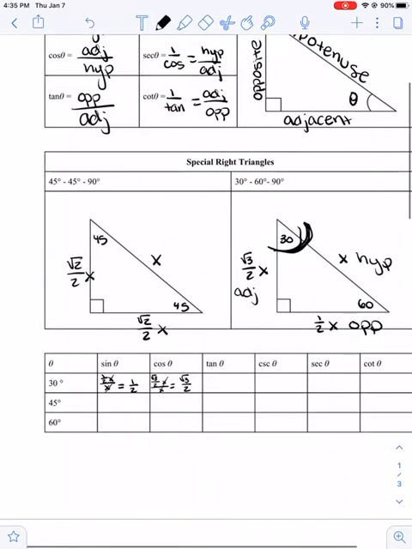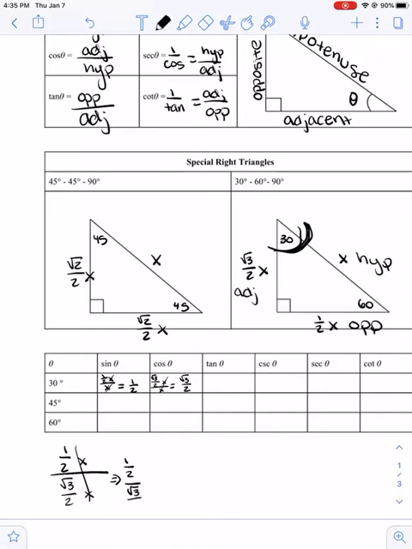All right, tangent is the opposite over the adjacent. I'm going to do this one down here. So 1/2 x over root 3 over 2 times x. Again, those x's cancel. And then I have 1/2 over root 3 over 2.